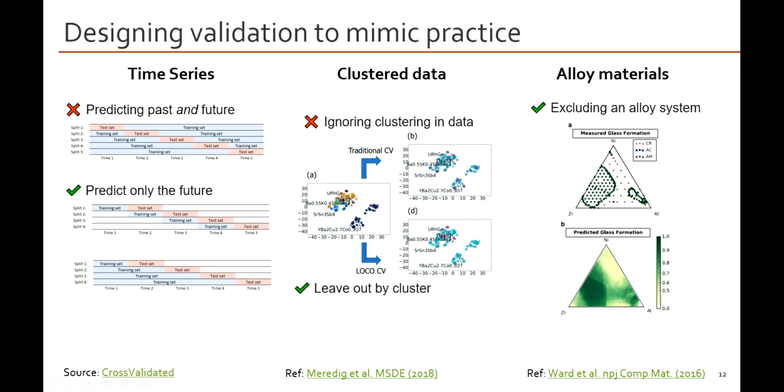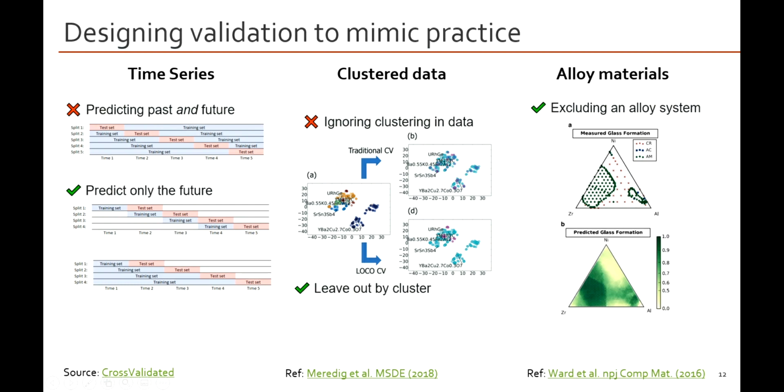Here I'm showing one where I removed data from the aluminum nickel zirconium system out of my data set, and then was able to gain some confidence in my model's performance by training it on all of the remaining data and seeing that it could pick up some subtle features within how this material system forms classes without having ever seen that data.